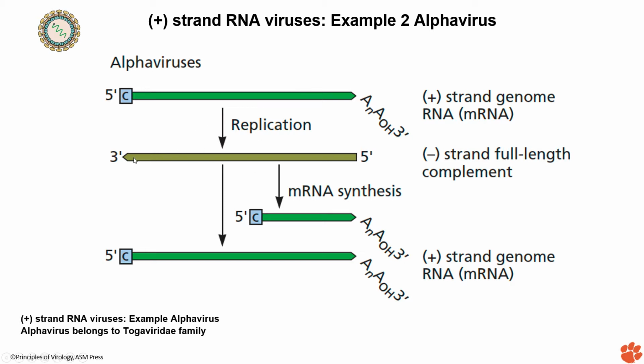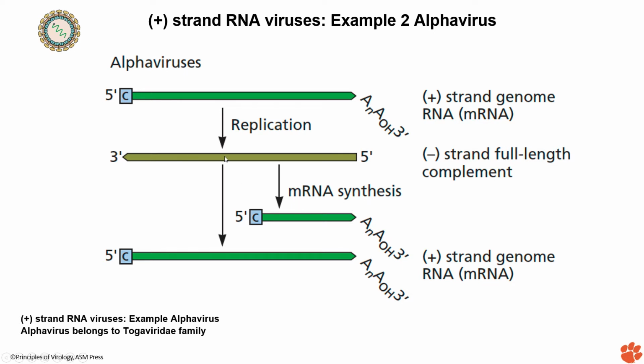But what happens, we are going to see in a second. On the other hand, the full length of the genome is copied into a full-length antigenome. From the antigenome, subgenomic mRNAs are synthesized. These are smaller than the genome size, which is why they are called subgenomic mRNAs.